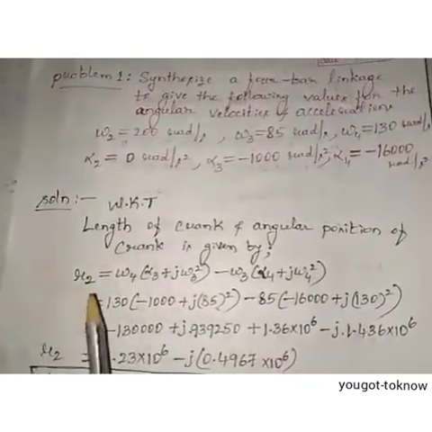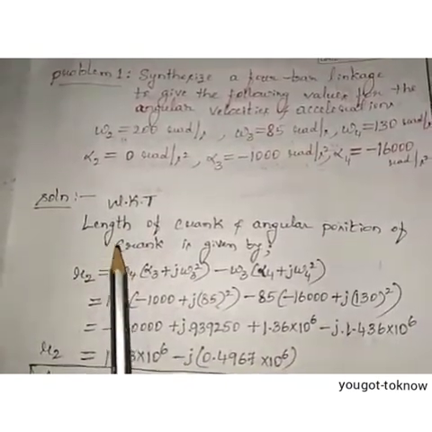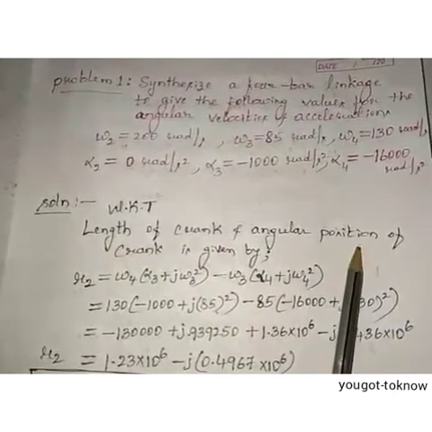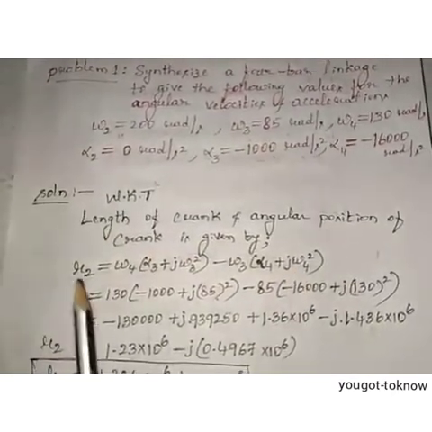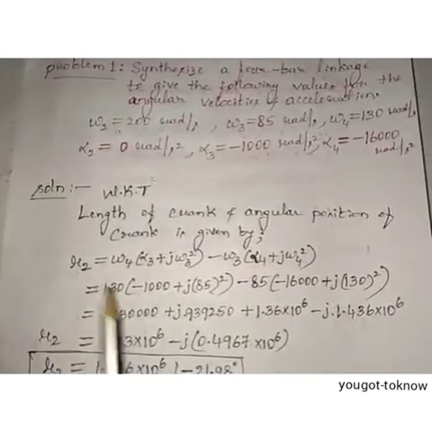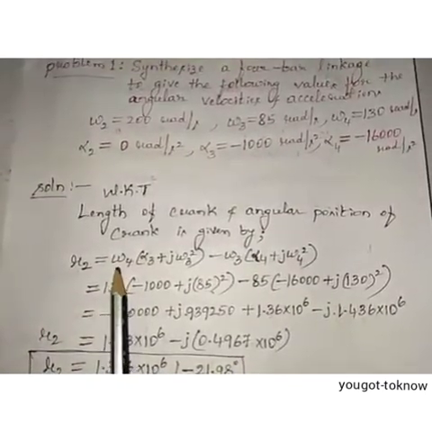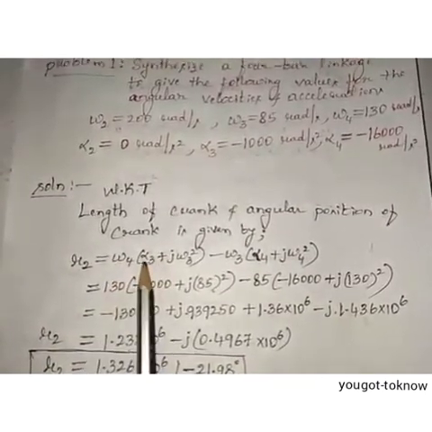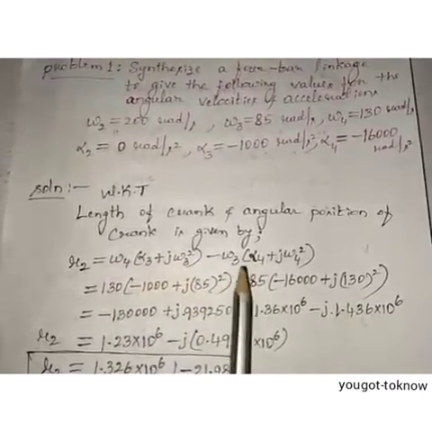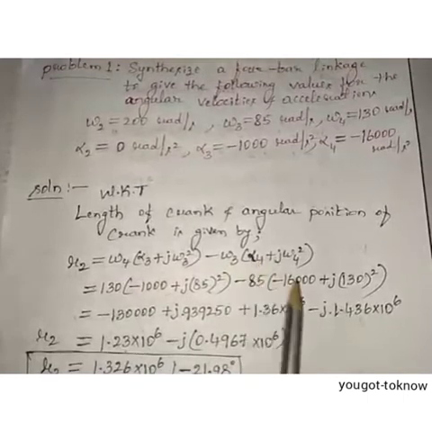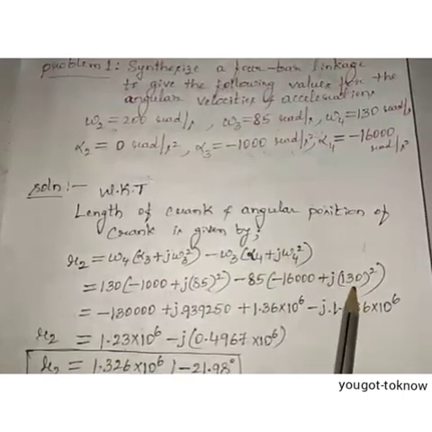We know the length and angular position of the crank. So this is the equation as we have discussed earlier. Here simply substitute the values of omega 4, alpha 3, omega 3 square, minus omega 3, alpha 4 and omega 4 values.